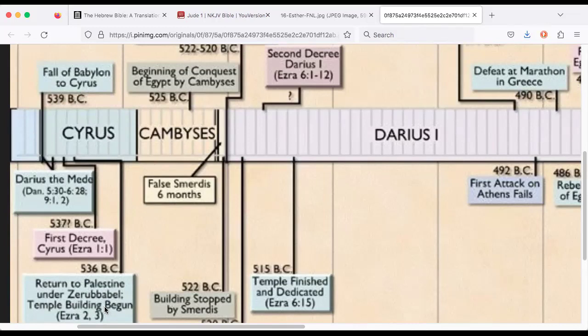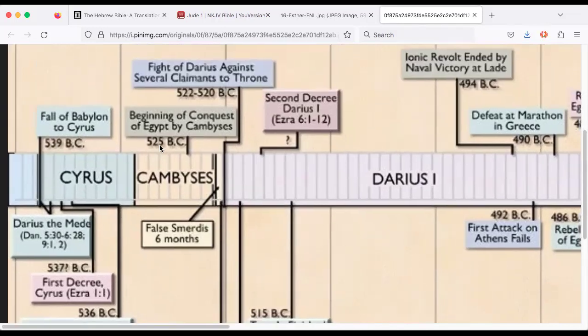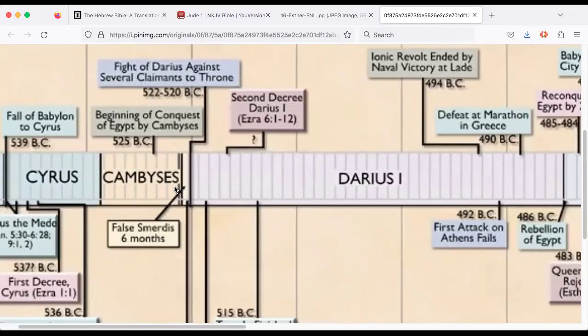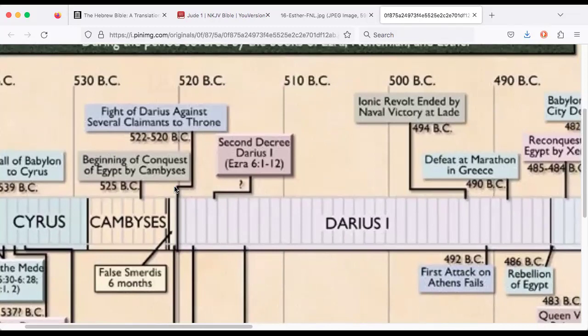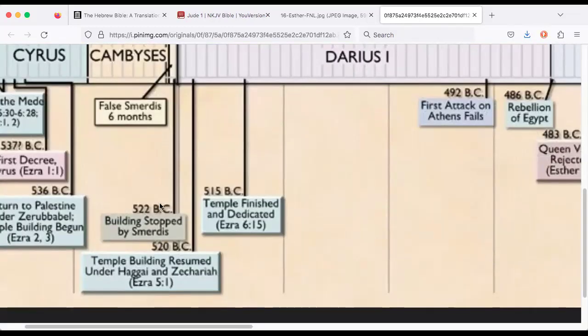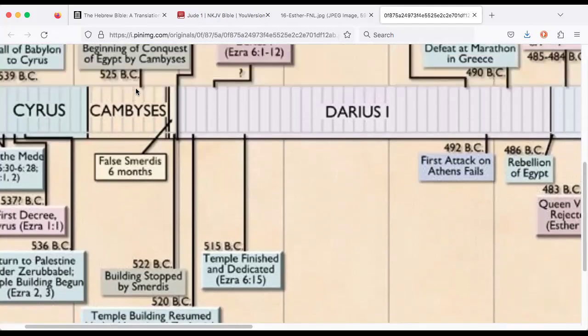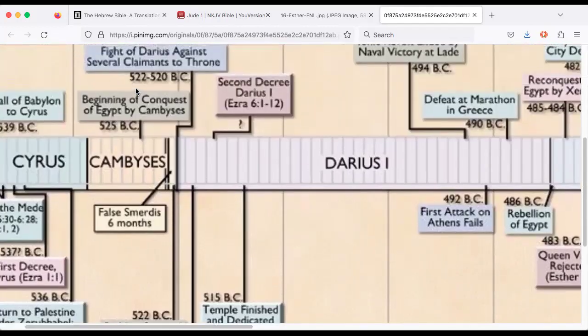Zerubbabel begins the rebuilding of the temple here under Cyrus. You have Cambyses, who's not as well known to us. Temple building is resumed because there was a pause. It was really difficult to get the temple built, with a lot of opposition back in Palestine.